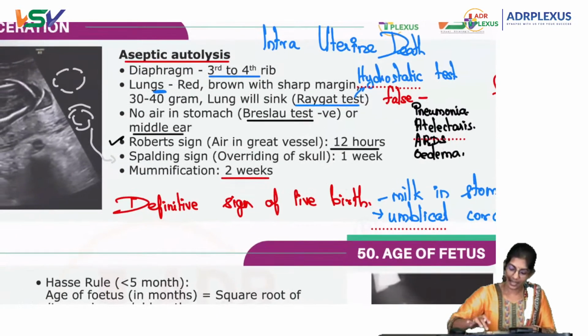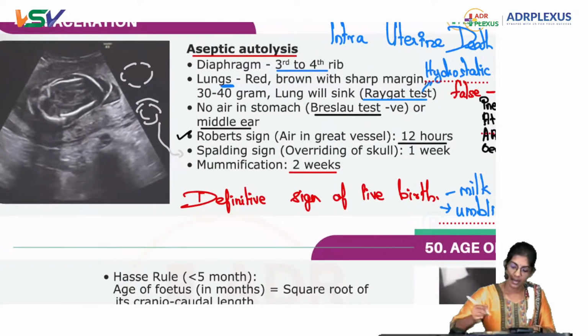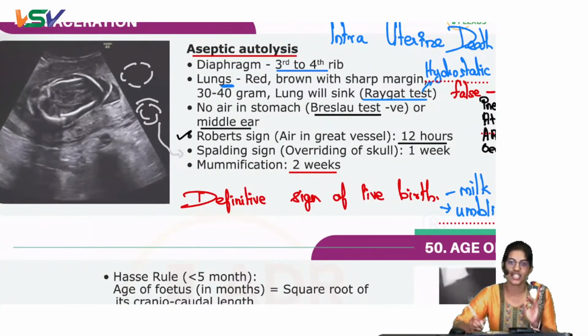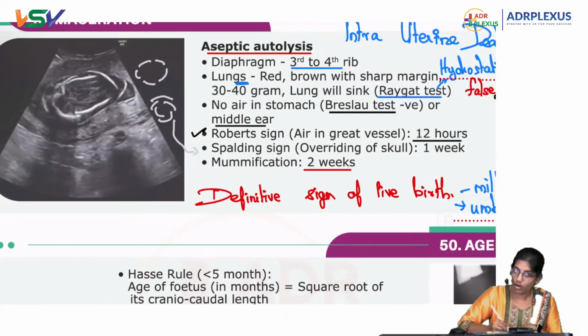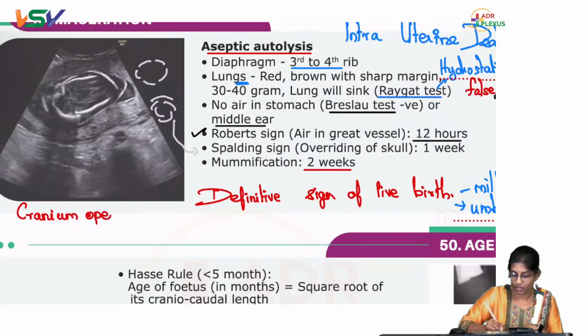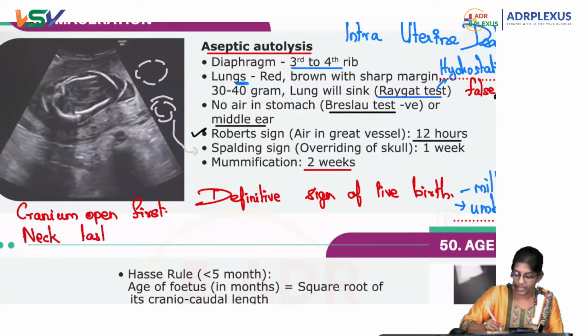Also, since we are here, let's remember a general dictum. When you're opening a body, the skull, or you can say cranium, is first opened, and neck last. Particularly in asphyxia, neck has to be last.